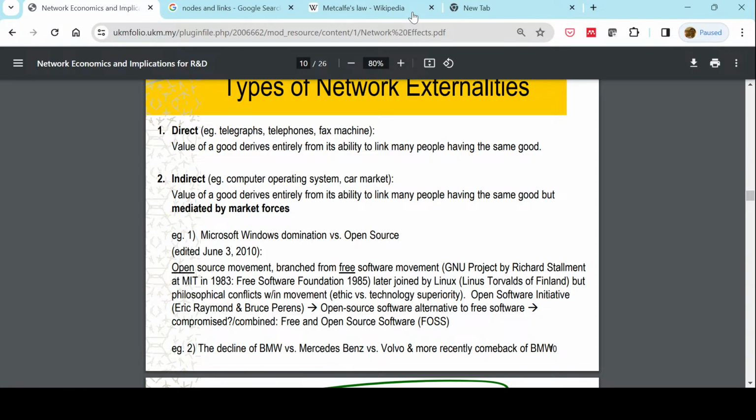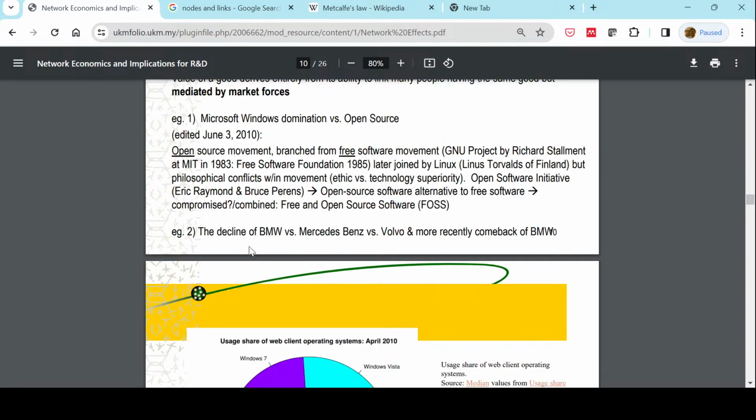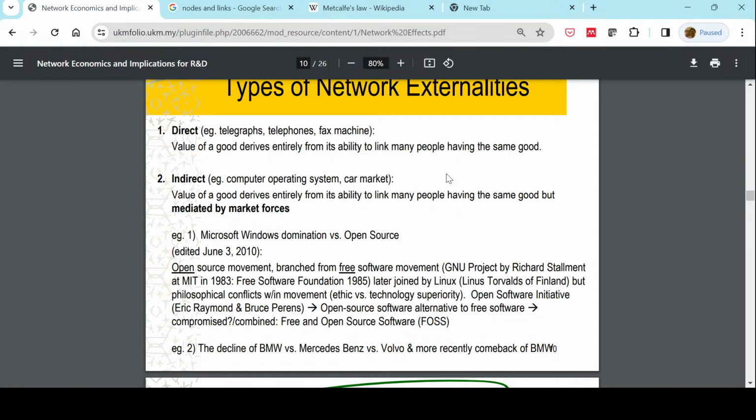So open source is a big thing until today, but it's not as big as the proprietary software Microsoft, almost all over the world. Another example is the decline of BMW versus Mercedes-Benz versus Volvo, and more recently, the comeback of BMW. All this we have network effects, network externalities.